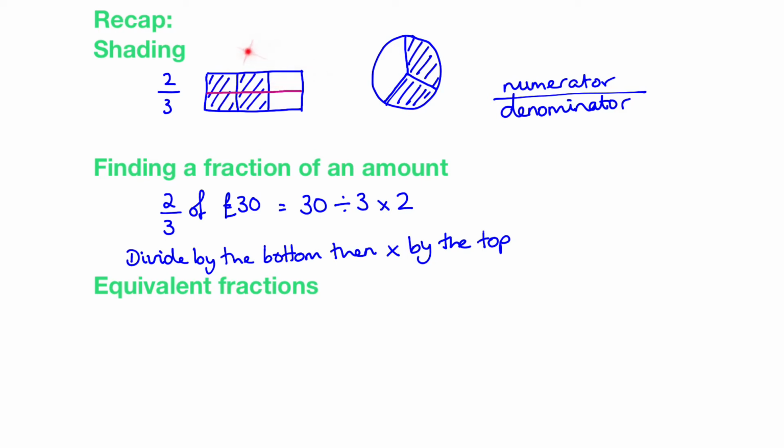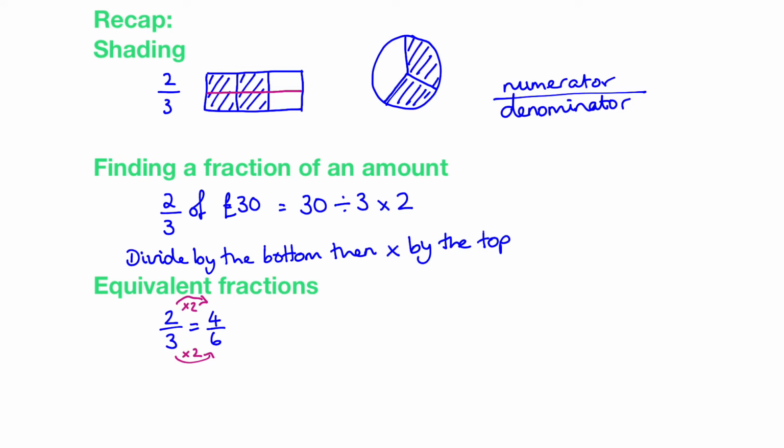The amount that's shaded in that picture was 2/3, and then by drawing a line, we made that 4/6. But we didn't change the amount that was shaded, all we did was draw a line. So it must be the case that 2/3 is the same size as 4/6. And the way that we create equivalent fractions is to multiply the top and the bottom by the same amount. In this case, they've been multiplied by 2.